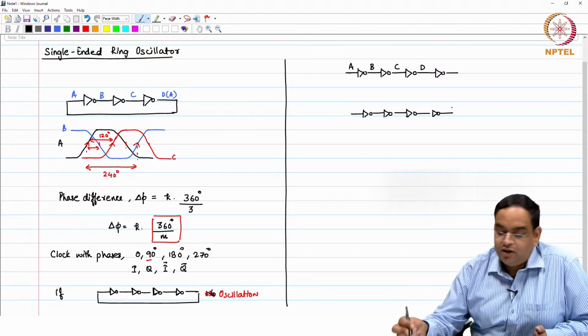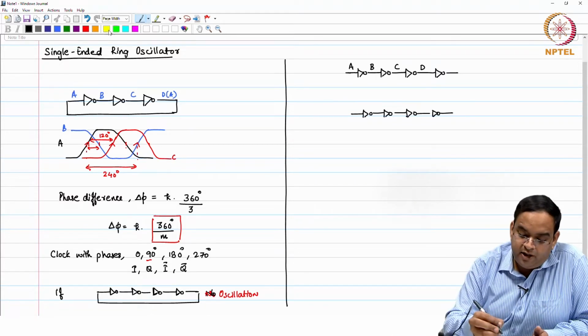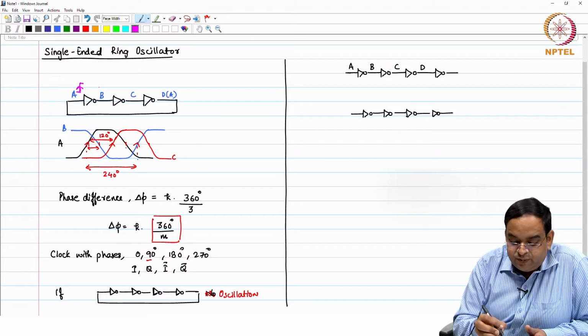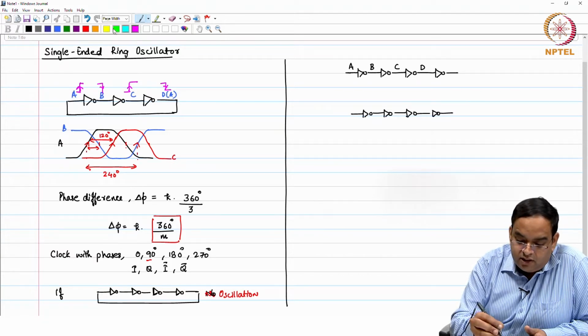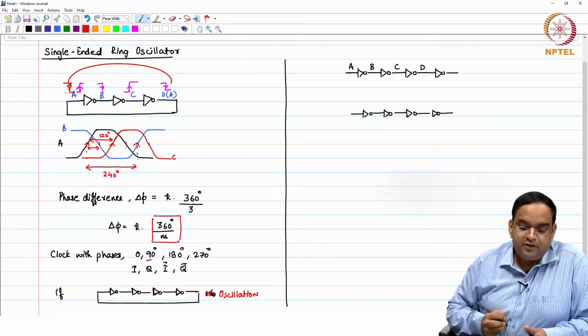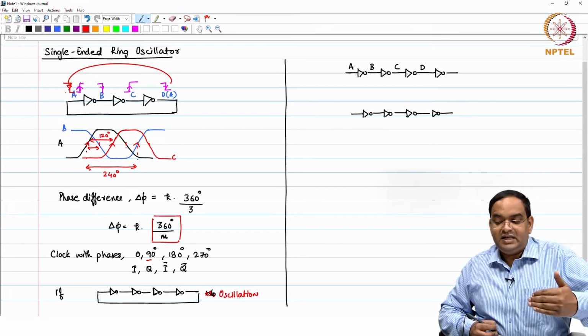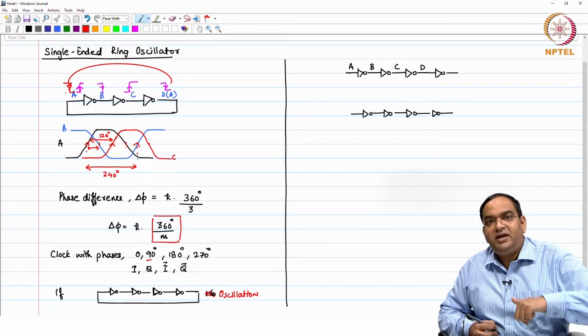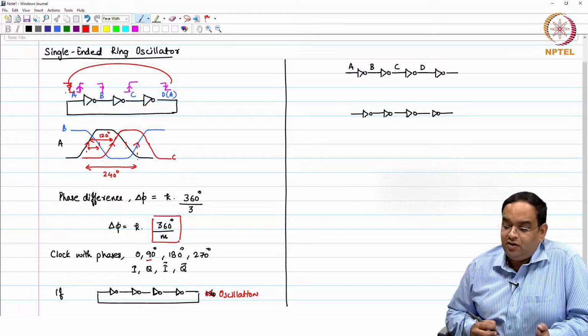In the case of odd number of inverters, what you saw is that when you feed a rising edge of the clock here, in response to this rising edge, you are going to have a falling edge, then again a rising edge, and then again a falling edge. And what you feed back is a falling edge. So, you give a rising edge at the input and you want to feed back the falling edge, and if you can maintain that, then you can have sustained oscillations.